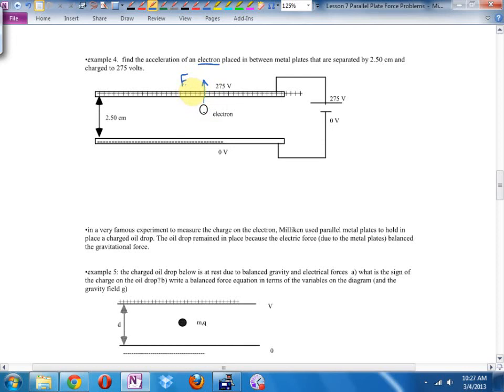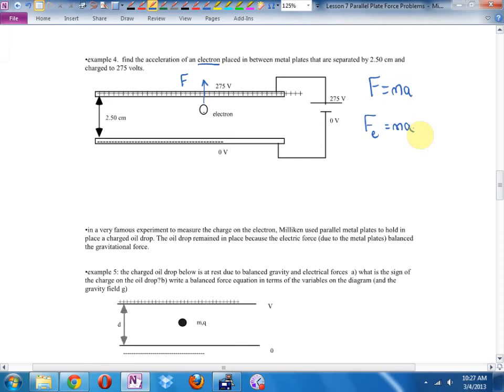What's this question asking me to find? Acceleration. Well, force equals mass times acceleration. Which force is pushing it up? Electric force is mass times acceleration. Now, we have several expressions for electric force.